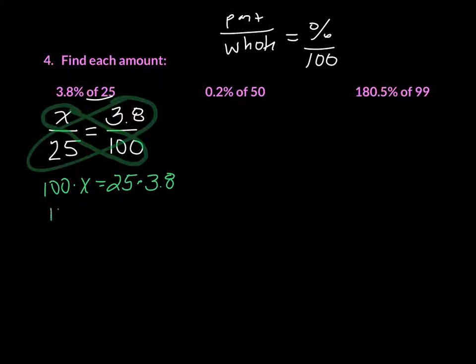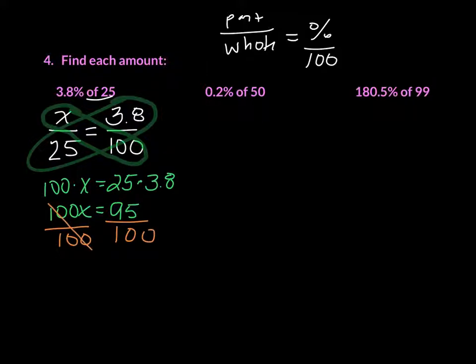100 times X is 100X. That's equal to, grab your calculator, 25 times 3.8 is 95. I'm going to then divide both sides. What's the opposite of times 100? Of course, that's divide by 100. So both sides get divided by 100.